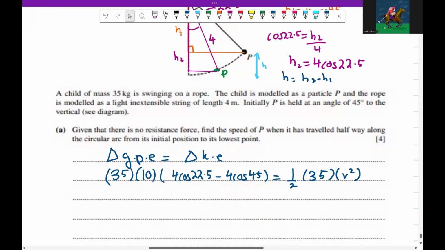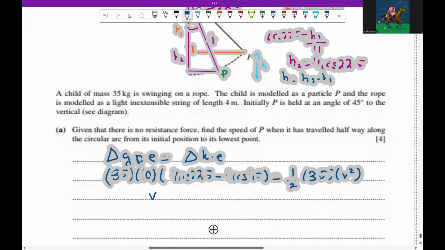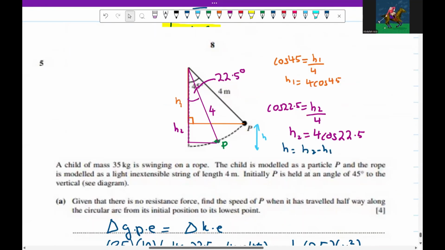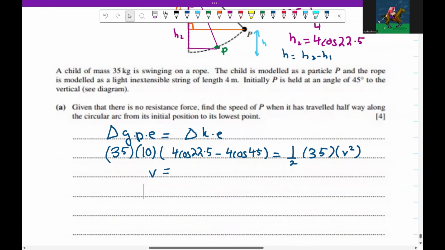And from here, if we simplify it, we should get v as 4.1643... 0.16 meters per second. Okay.